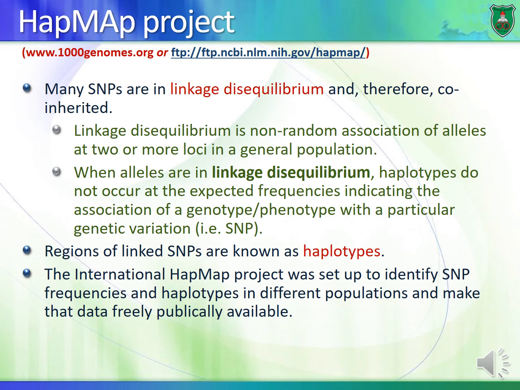So these regions of linked SNPs are known as haplotypes. And the International HapMap project was set to identify SNP frequencies and haplotypes in different populations, and the database is freely available.